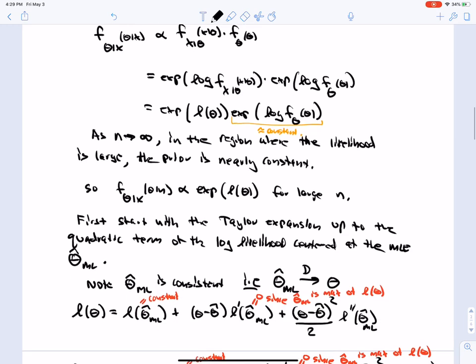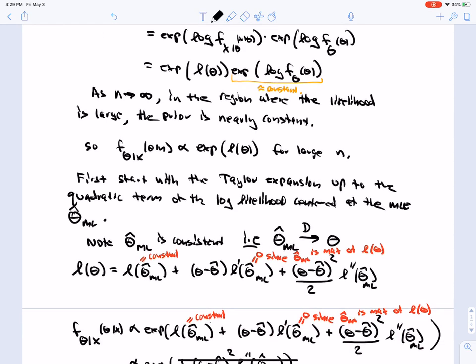And we're going to write the log likelihood as a Taylor series centered at the MLE. And we know that we can ignore the higher order terms because the MLE converges to theta.